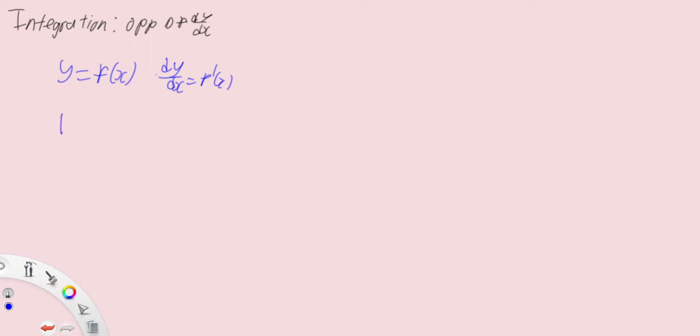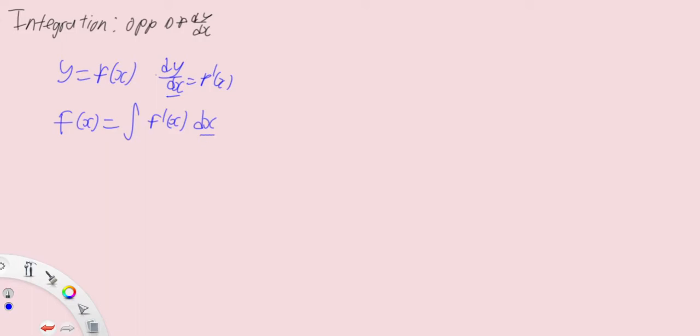And this is how we represent it. So let's say I have f(x) again. I obtain f(x) by integrating the derivative with respect to x. As you can tell, there are many similarities between integration and differentiation. One of them is actually seen right here, the dx.